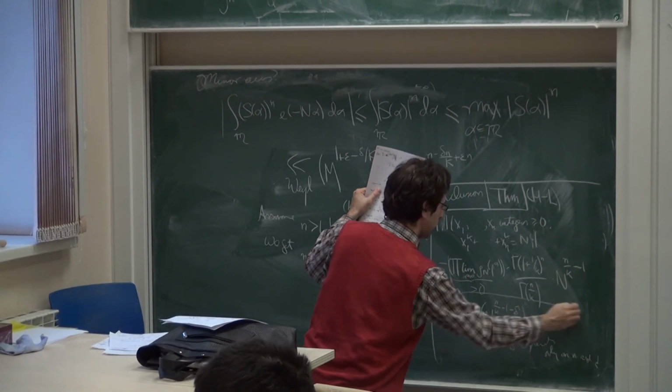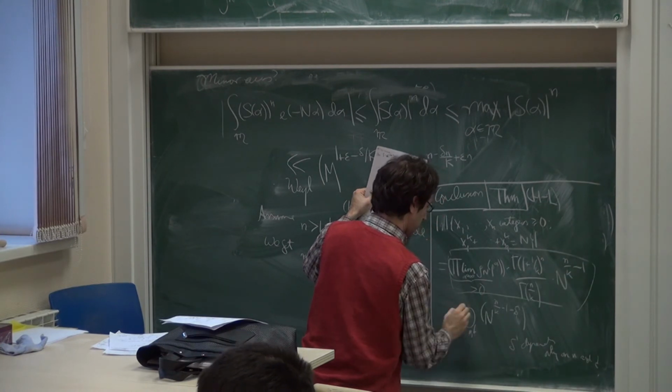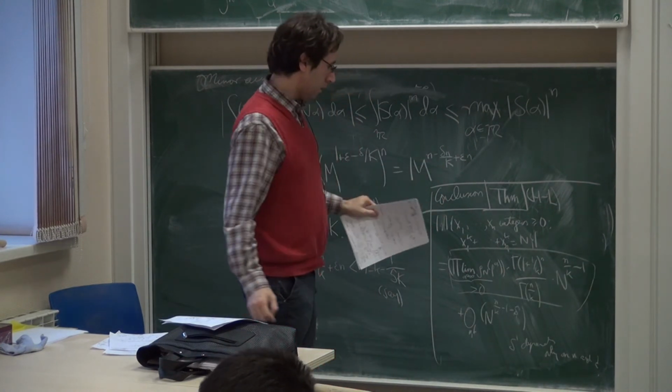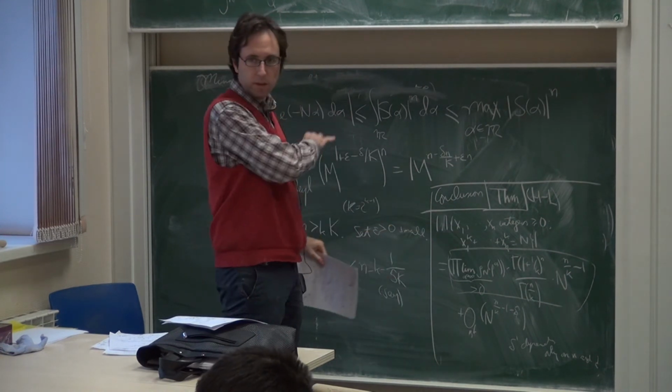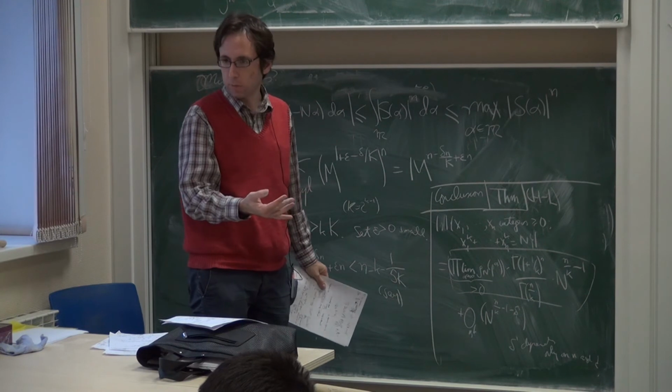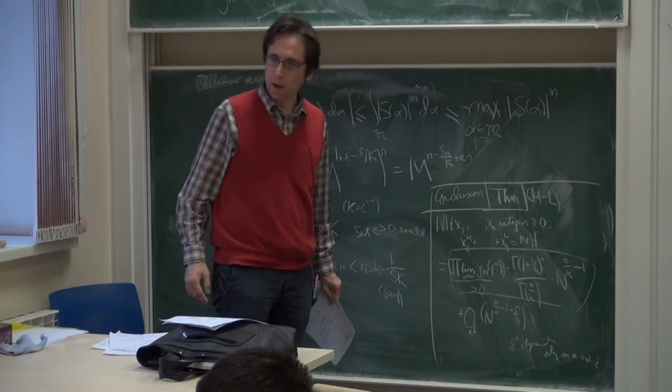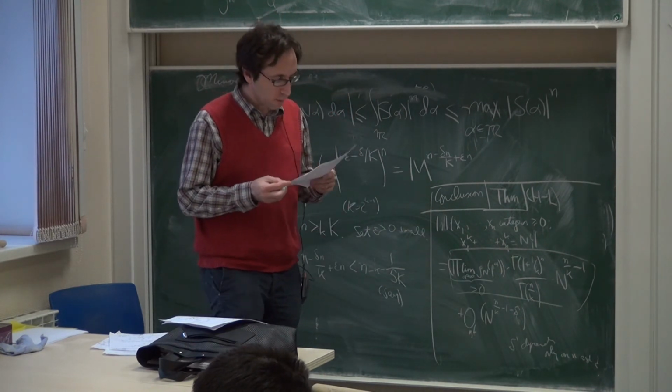So this is the main term and this is the error term. So the number of solutions is precisely what I was saying. All I have done now is estimate the minor arcs. They give a small error and it's of the same kind as before. Very well. So that's it.